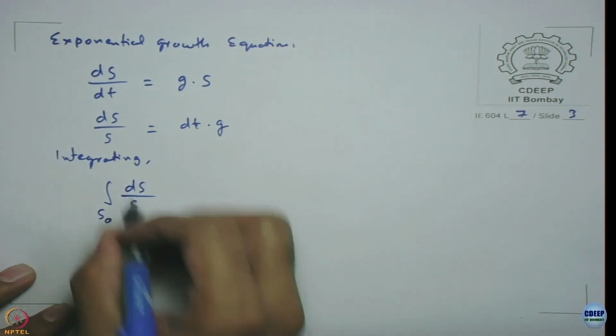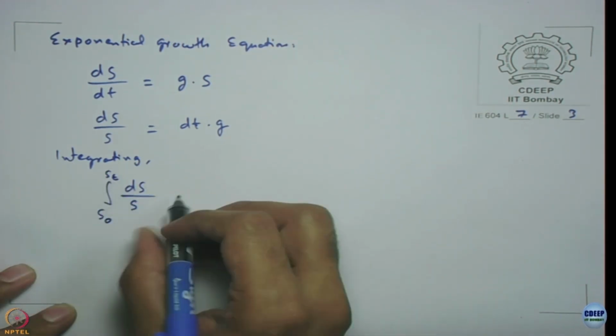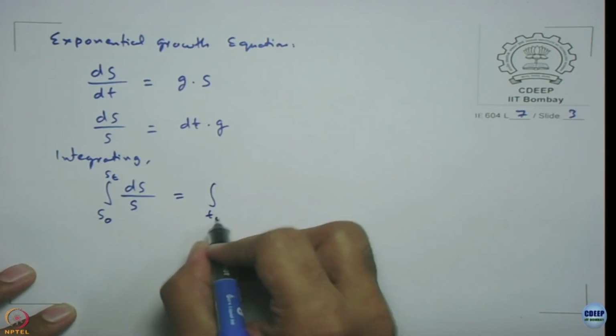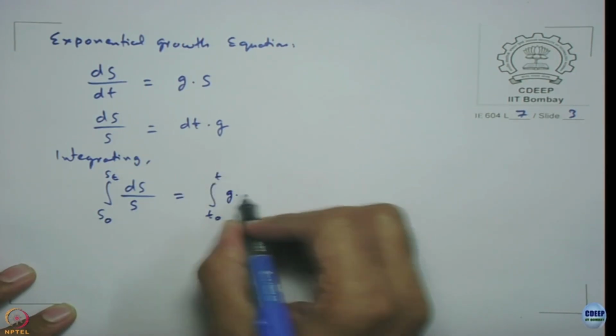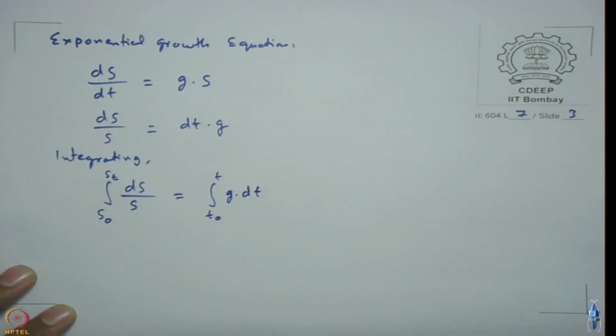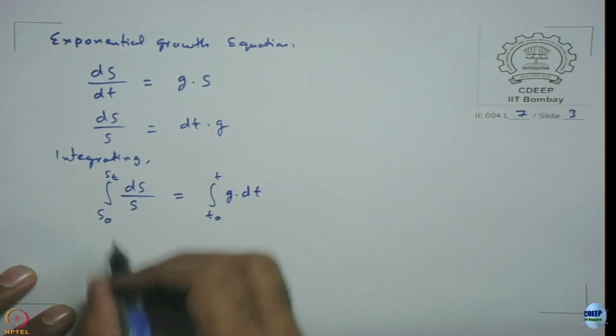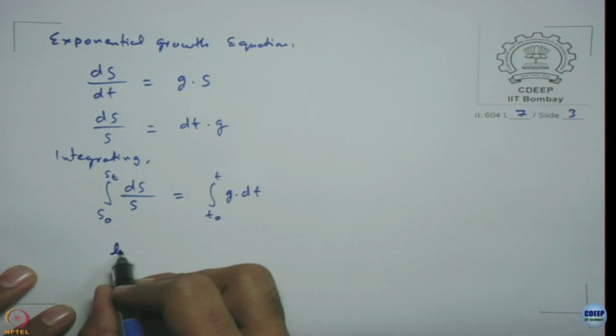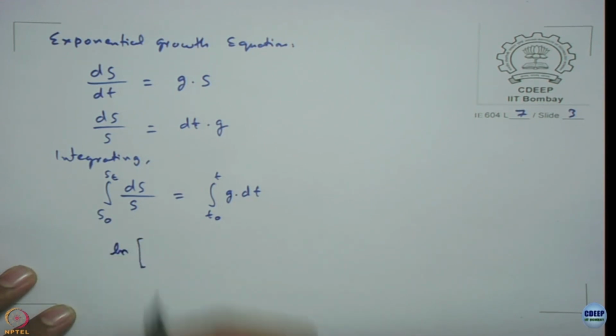S at time 0 to S at time t, t naught to t, g into dt. The integral of 1 by s is logarithm of s.